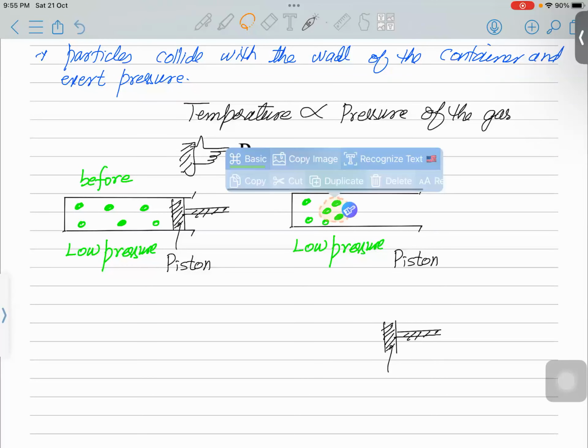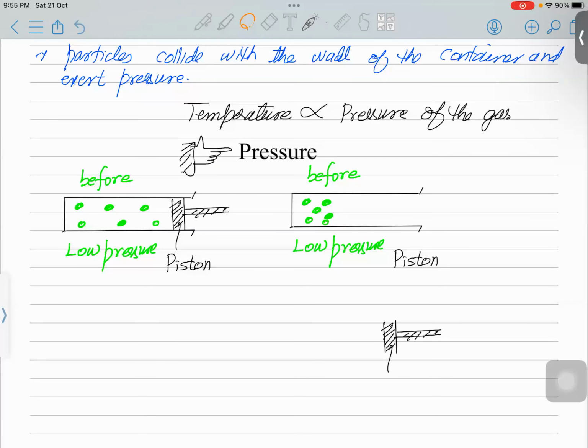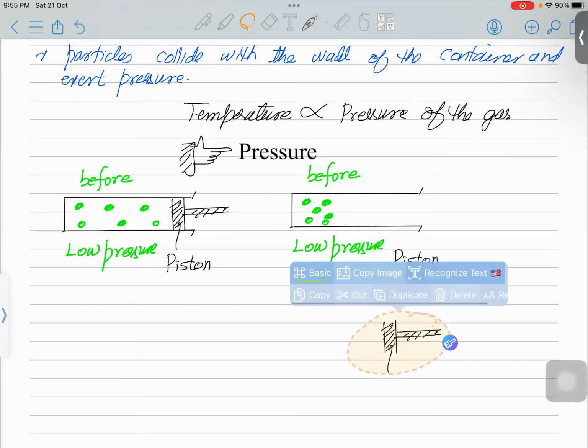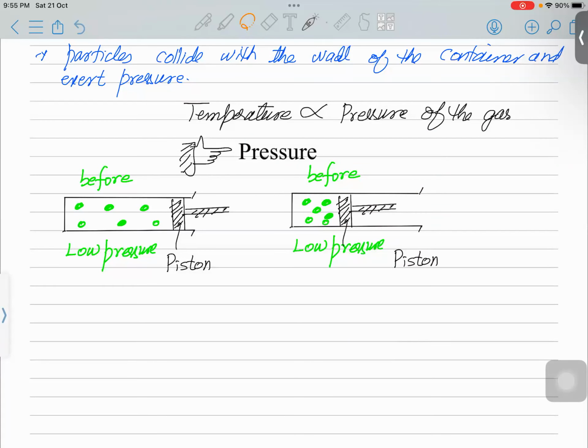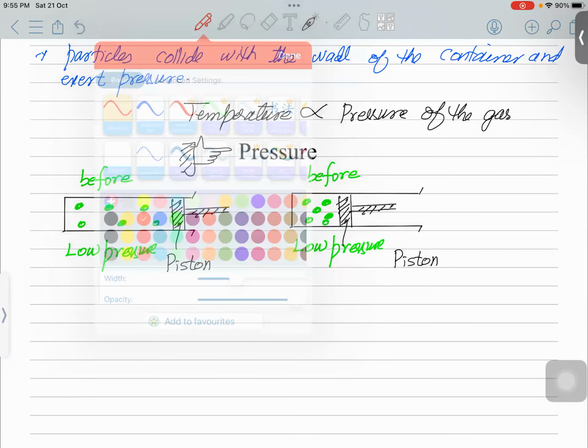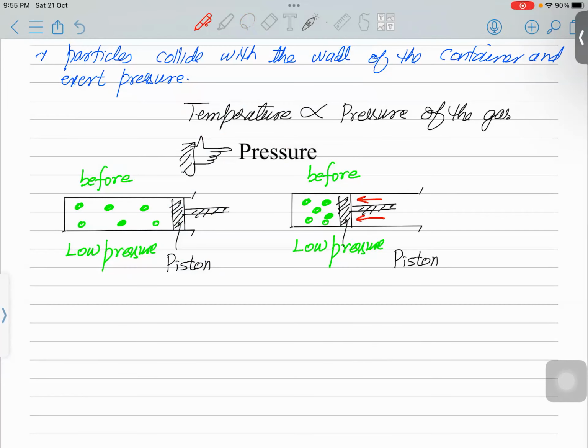All particles come closer. Why closer? Because we exert pressure. This indicates high pressure.